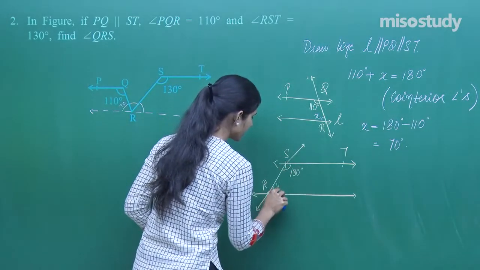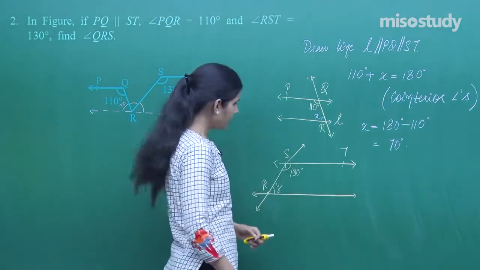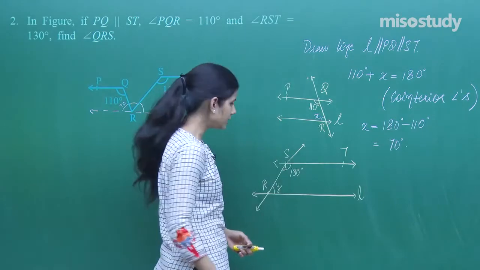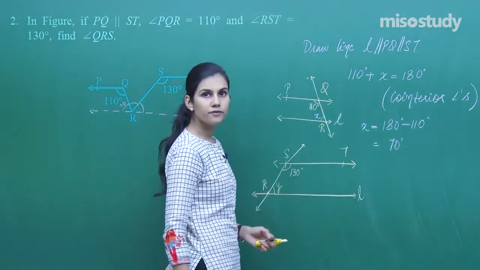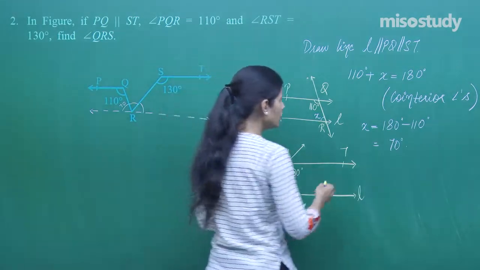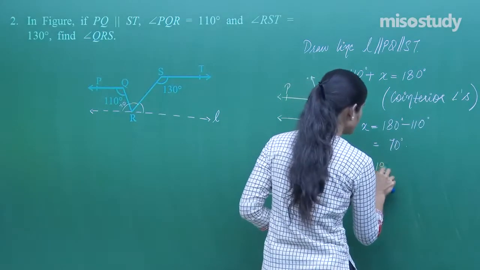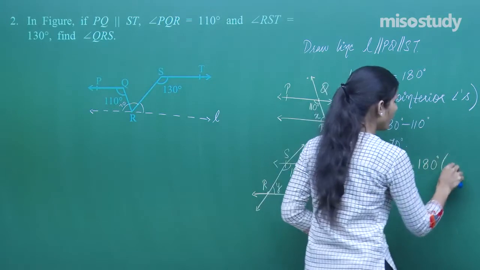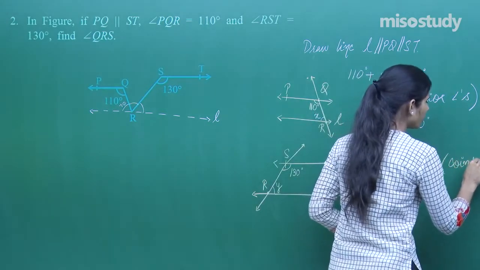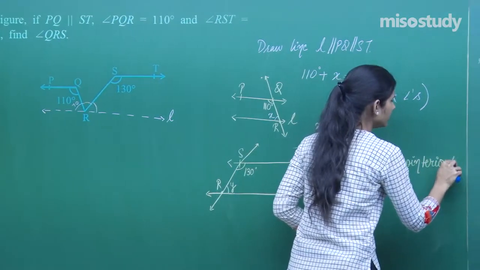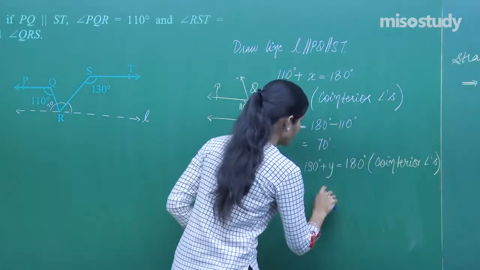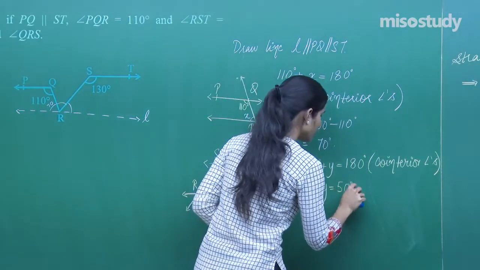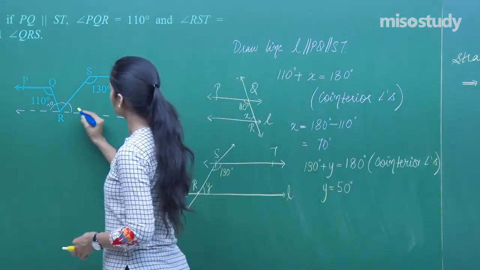What would be this angle if I say this is Y? Again, this is parallel to this line L. That's how I have constructed it. So these are again forming a pair of co-interior angles. So again I will have 130 plus Y is 180. So your Y will be 180 minus 130, which is 50. So this angle is 50.